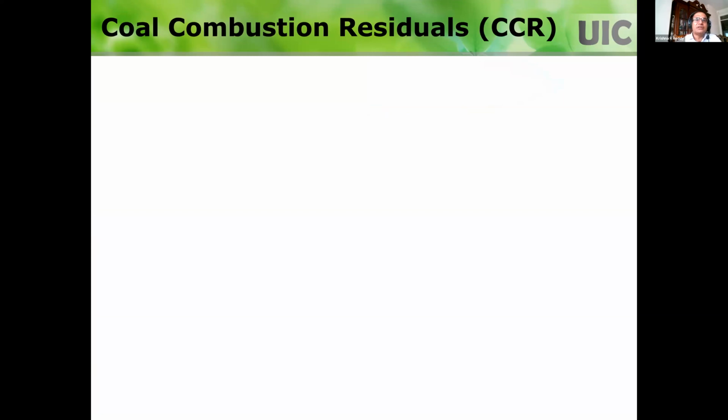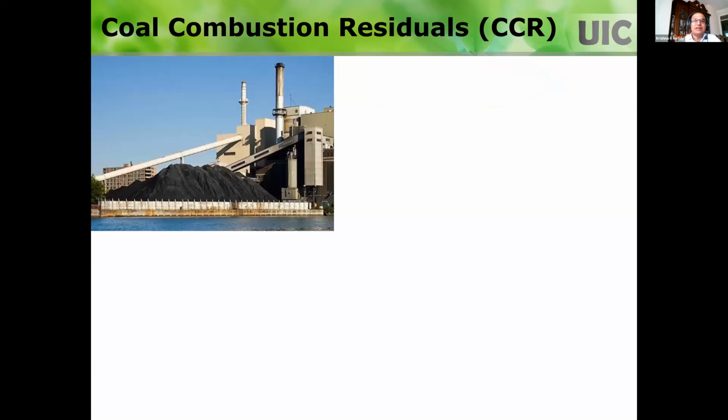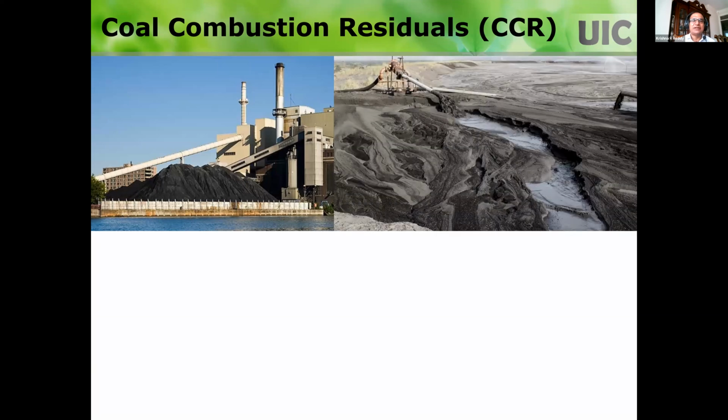So, the coal combustion residues. The coal power plants that you see, of course they are bad because they use fossil fuels, coal, that generates a lot of carbon emissions. But irrespective of that, in the burning of the coal you generate this coal ash, right?